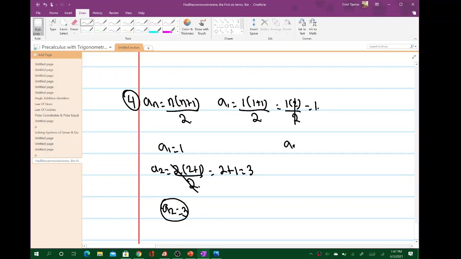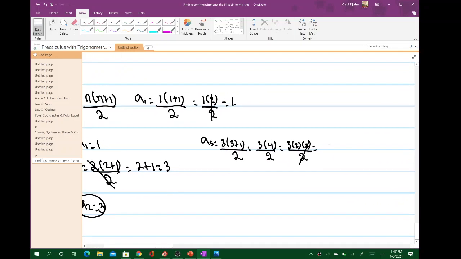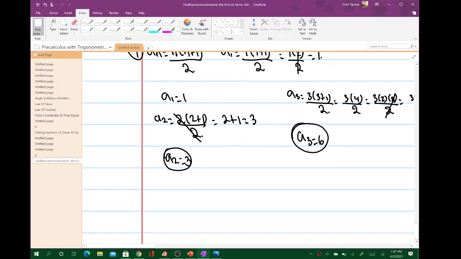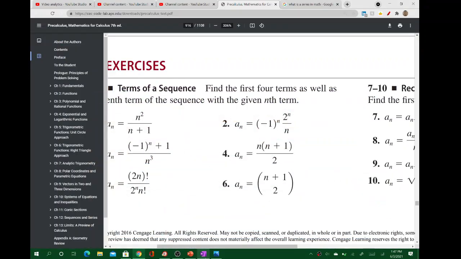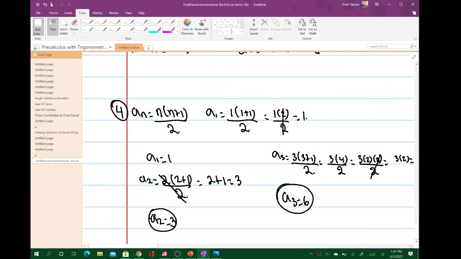And then a sub 3 is equal to 3 times 3 plus 1 over 2. This is equal to 3 times 4 over 2, which is 3 times 2 times 2 all over 2, and this is equal to 3 times 2, which is 6. So a sub 3 equals 6. Let me make sure it was the first 4 terms, right?